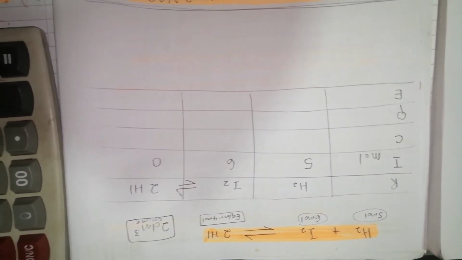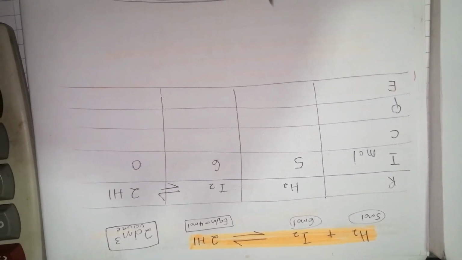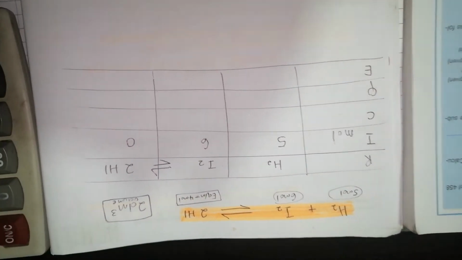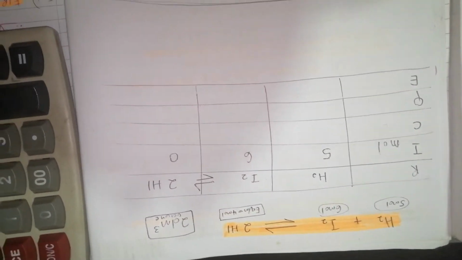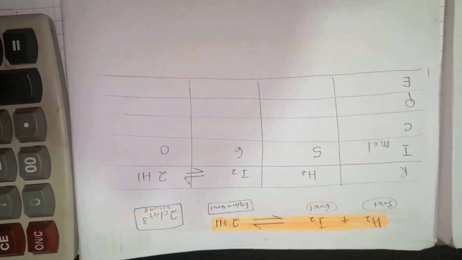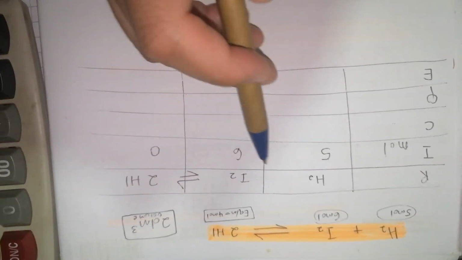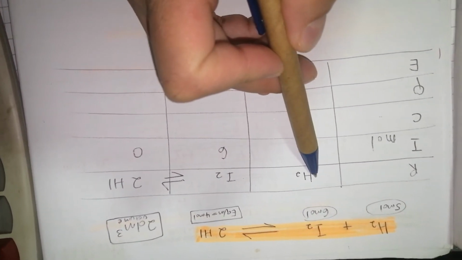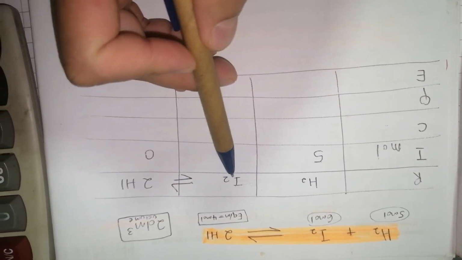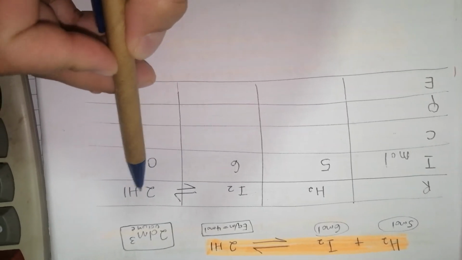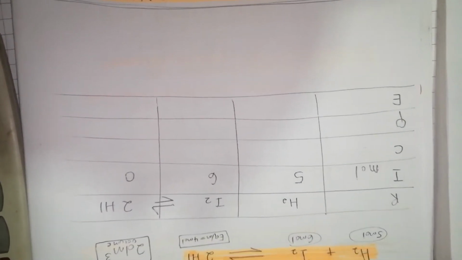Right, then we're going to have C, which stands for change. Now this one is in terms of X. Okay, now the way we do this is by using the coefficients in the correctly balanced chemical equation. Now if you look at this formula, can you see that you have H2 and the coefficient is 1, so it's just a 1, and then you have I2, the coefficient again is 1, and then you have HI, but now the coefficient is 2.